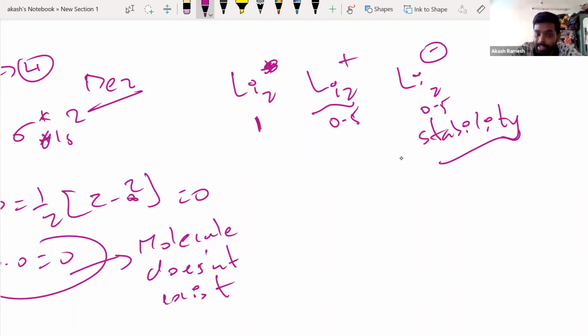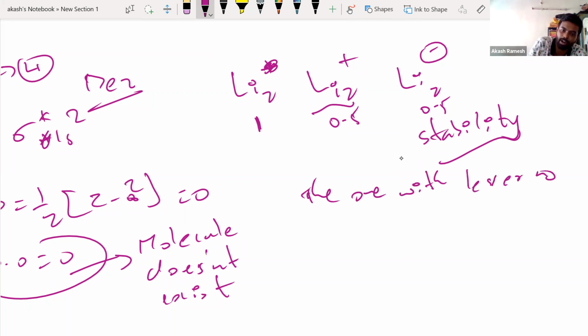Whenever the bond order is not the same, whichever has the higher bond order has higher stability. That is very simple. But if the bond orders of two species are the same, then you have to look into the configuration. The one with fewer electrons in ABMO is more stable.